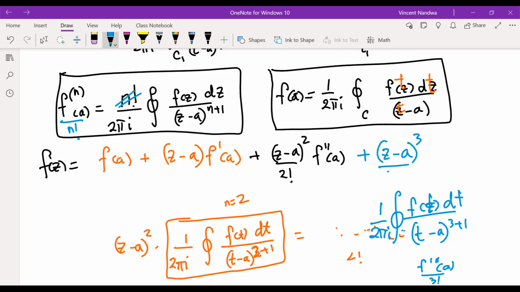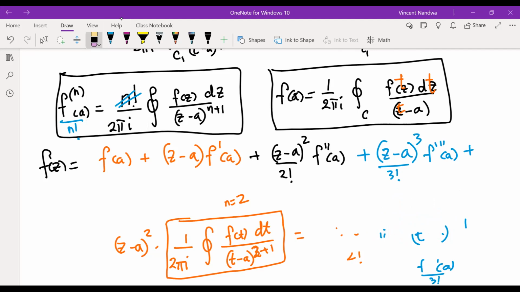So therefore, we'll have 3 factorial, then the third derivative at a, and then we can now predict the next term easily, which will be z minus a power 4 divided by 4 factorial times the fourth derivative at a.